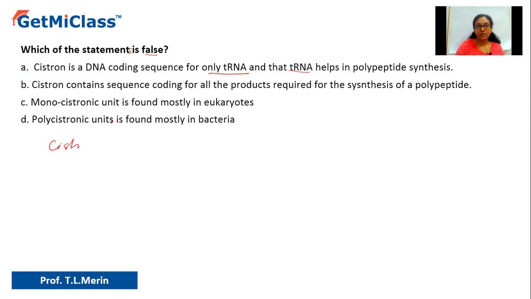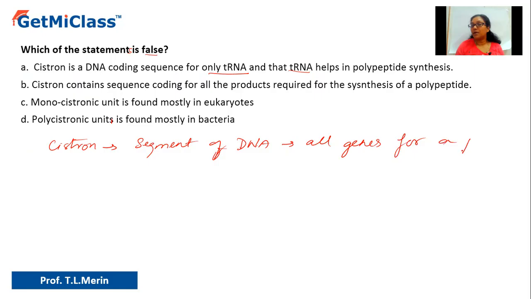Why? Because what is cistron? Cistron is that segment of DNA, or you can say piece of DNA, which consists of all the coding sequence or all genes necessary for the synthesis of a particular polypeptide.